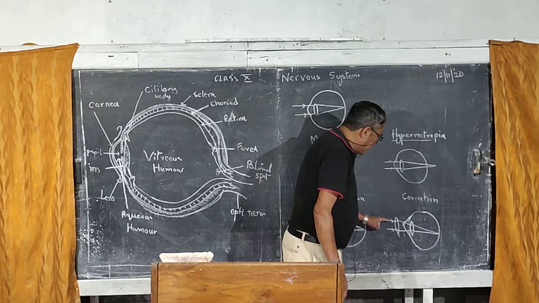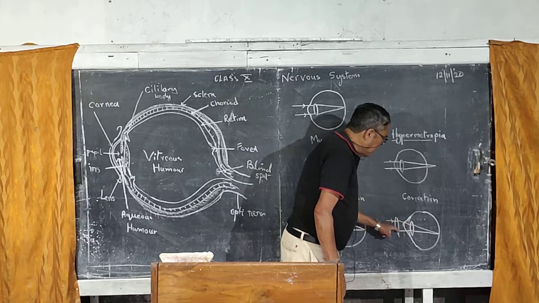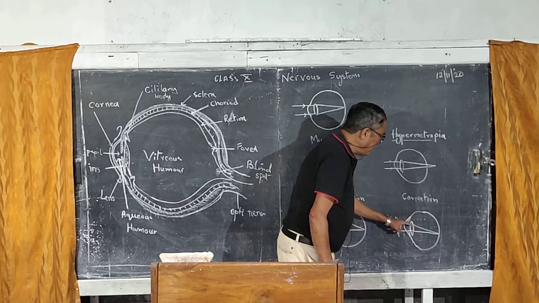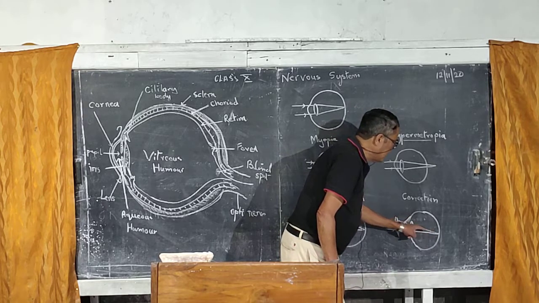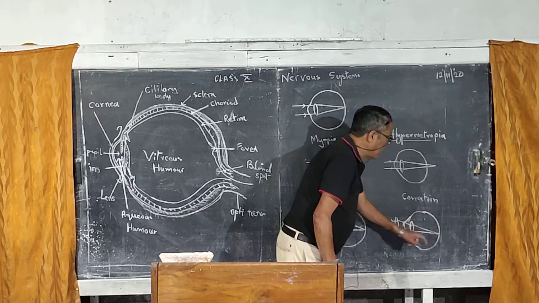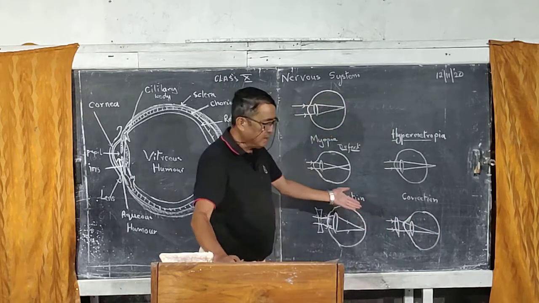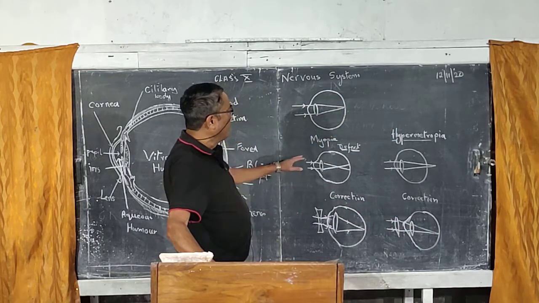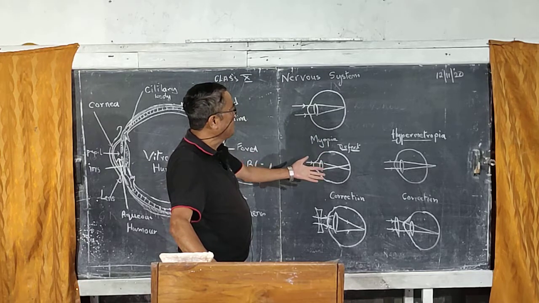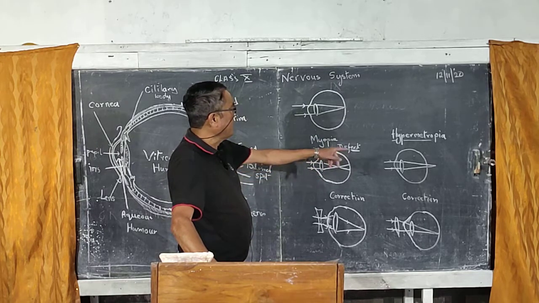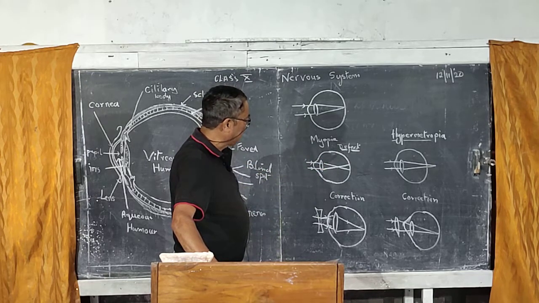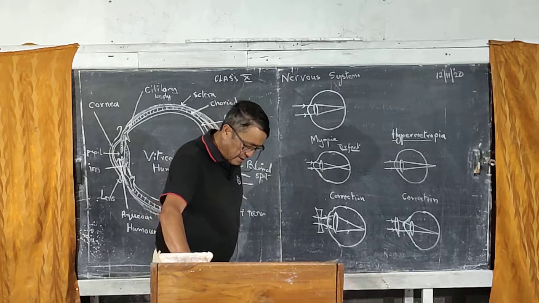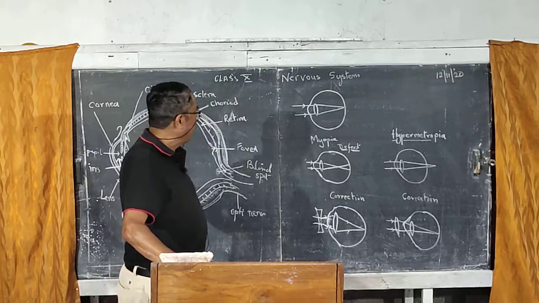The rays parallel to the lens, this lens will converge, and the lens of the eye, which is convex, will further converge them to make them meet on the fovea. So here are the two corrections. Be careful, because most of the students get puzzled between short-sightedness and long-sightedness when you get the diagrams. So be careful with the defects of the eye.